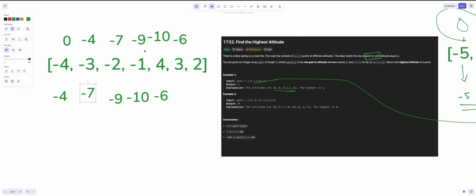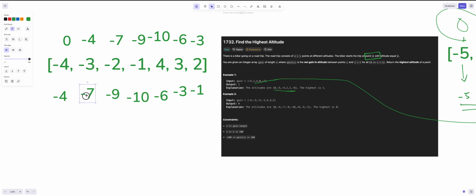Minus 9 and minus 1 is minus 10. So minus 10 and 4 is minus 6. Minus 6 and 3 is minus 3. And minus 3 and 2 is minus 1.